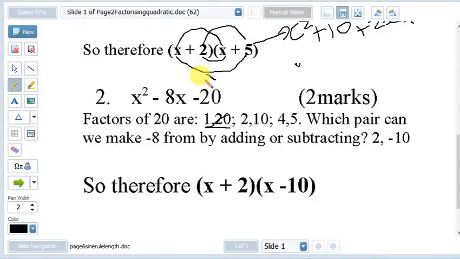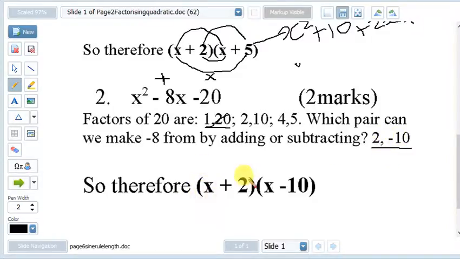So it's two numbers that times together to give 20 and add together to give minus 8. So now 2 and 10, can we make minus 8 from those? And absolutely we can. And we can do that by saying 2 minus 10. Okay, so basically our two numbers are 2 and minus 10.